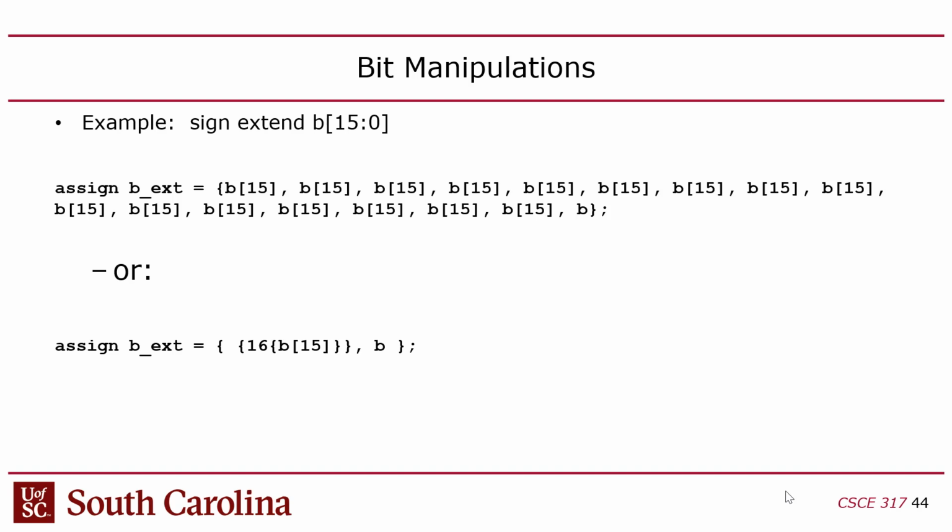Now this syntax is a little non-intuitive, I think. But having to copy and paste that is silly. So they introduced this replication operator. It takes bit 15 and copies it 16 times, and then concatenates it with B.